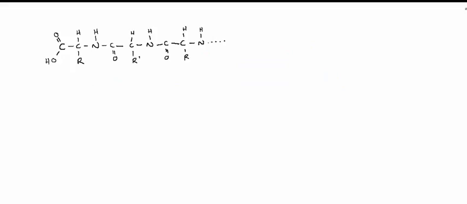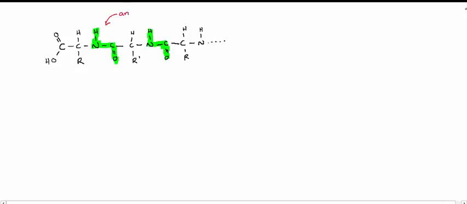Now proteins can be broken down into the constituent amino acids, and you need to be able to draw the structures of the amino acids which make up a particular section of protein chain. So the way that you do that is you recognize your amide group, and we're just going to split between the nitrogen and the carbon in that amide group. So this is going to be the same sort of process that you do with hydrolysis of amides.